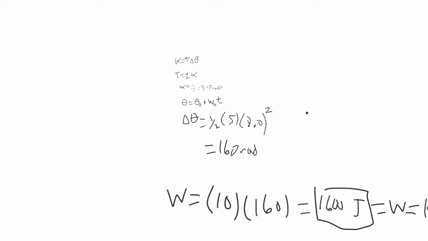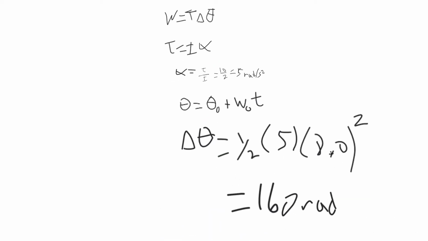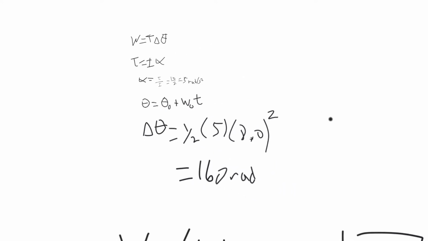it's going to be the initial plus the work done and times the torque. Now this should all be zero, and we're actually missing a part. Let me write it in.